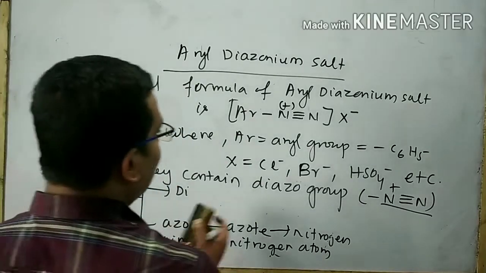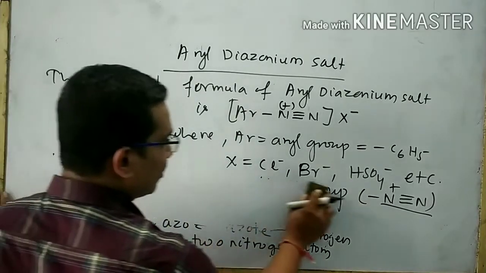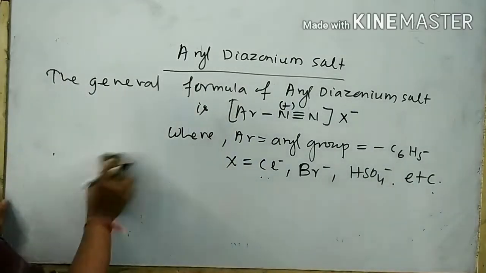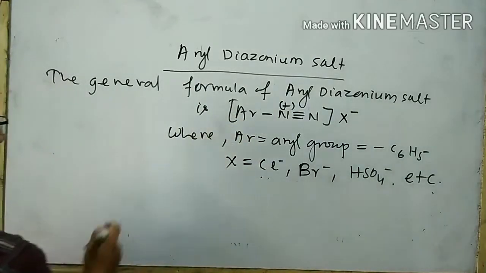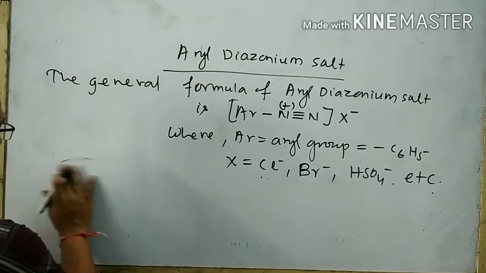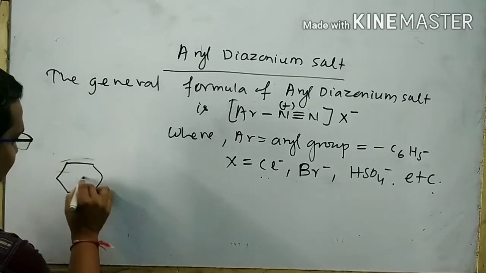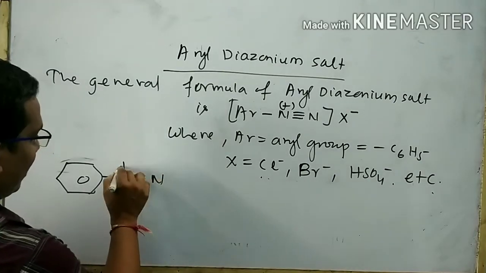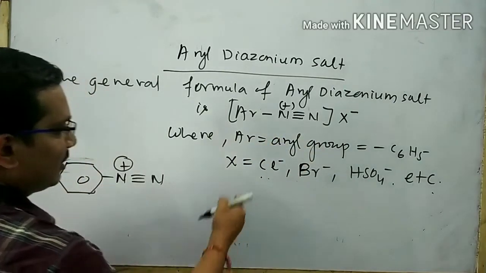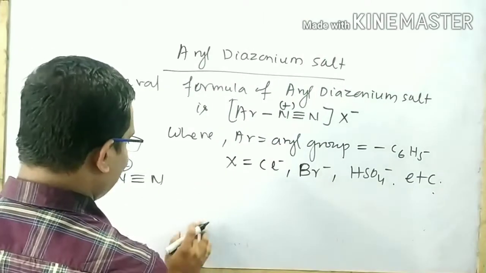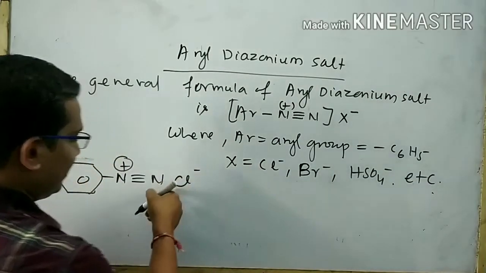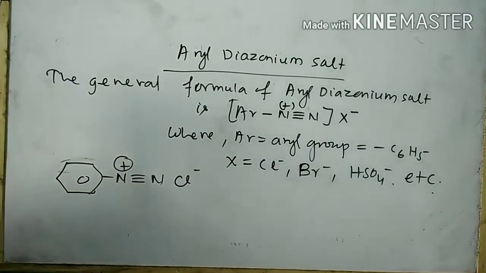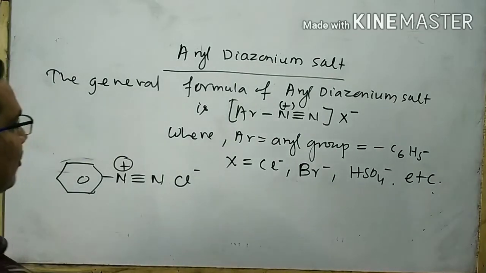Take some examples of diazonium salt. Suppose we take the aryl group, that is your phenyl group. This is the phenyl group. And suppose Cl minus is taken as X. That means we can write this. This is an example of aryl diazonium salt.